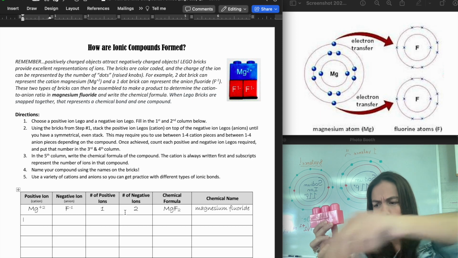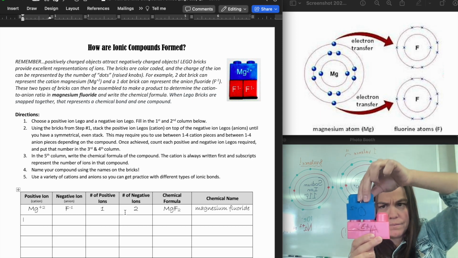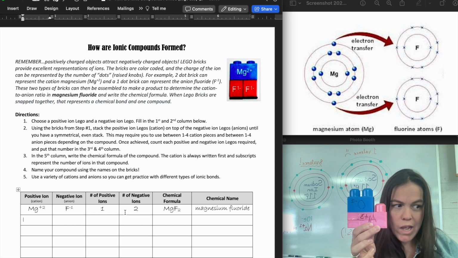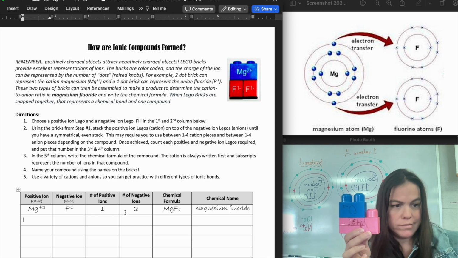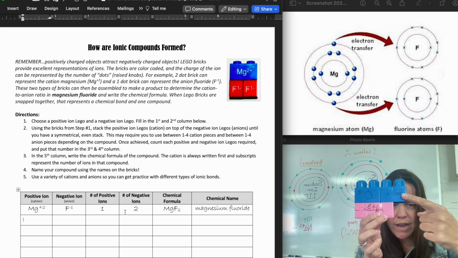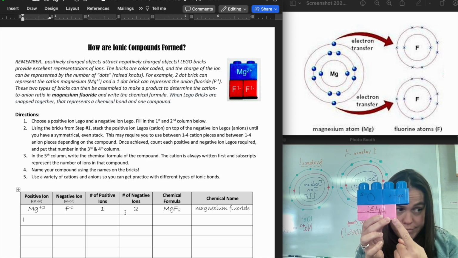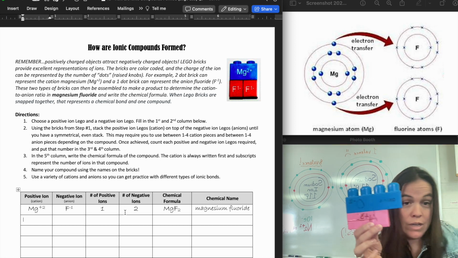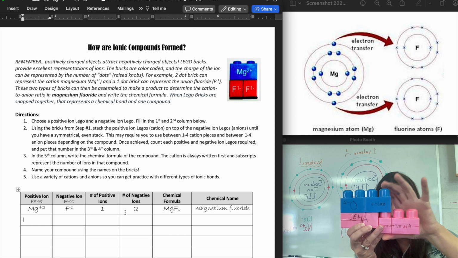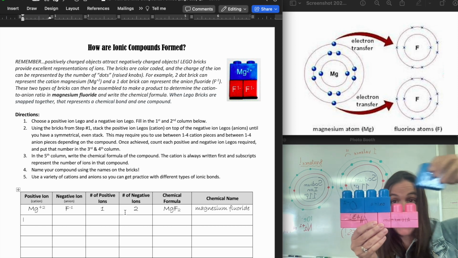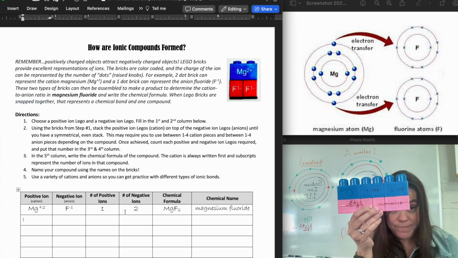What if I want to put aluminum with oxygen? These don't balance out, so I'm going to need another oxygen. So I have 2 oxygens now to 1 aluminum. Still doesn't balance out, so I need another aluminum to balance out that last oxygen.